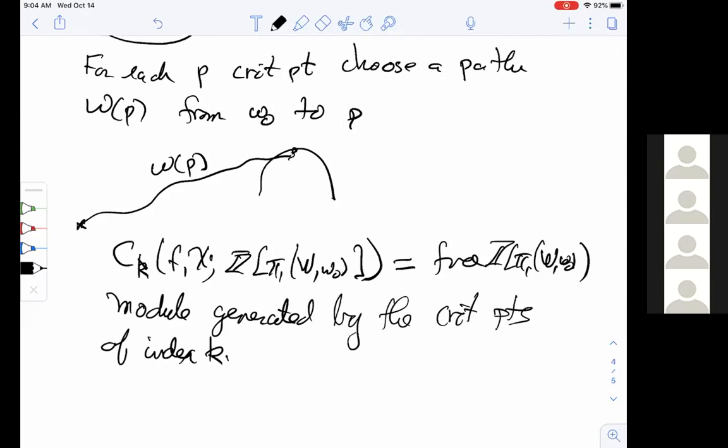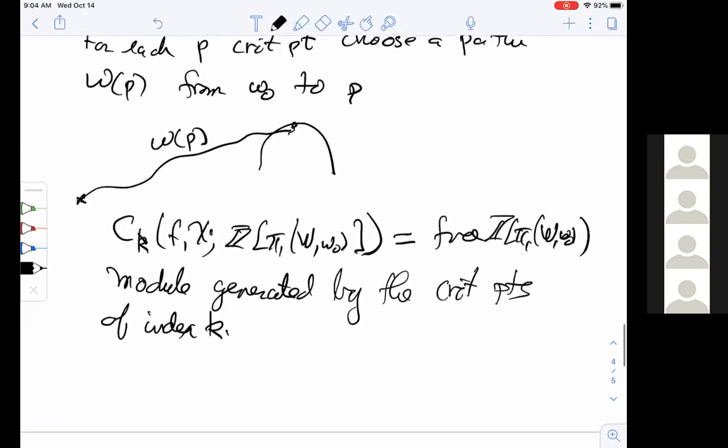So instead of taking the free abelian group generated by these points, I take the free Zπ_1 module generated by these points.